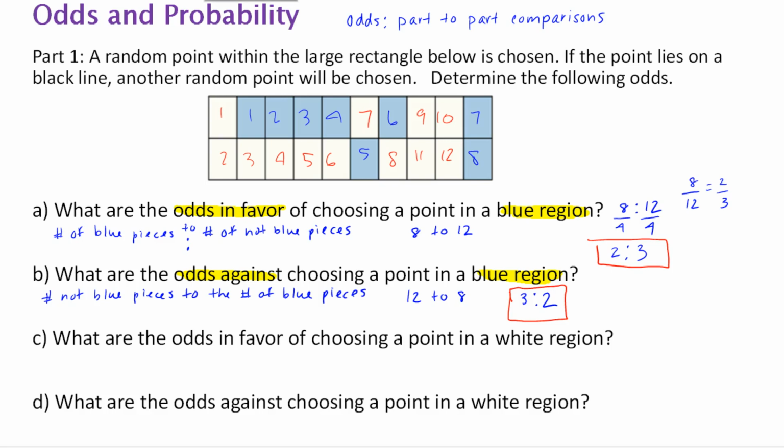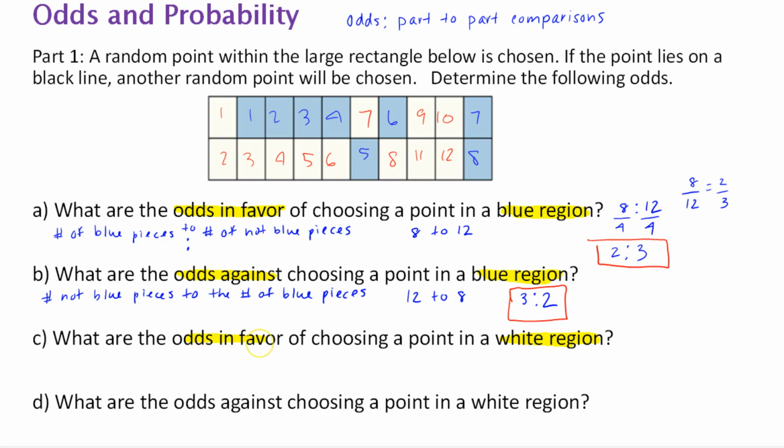Let's look at the next one. What are the odds in favor of choosing a point in the white region? This is going to follow the same idea, and you may already see what's going to happen. Since we just have blue and white, white is the same as not blue. If we had more colors, this would be different.